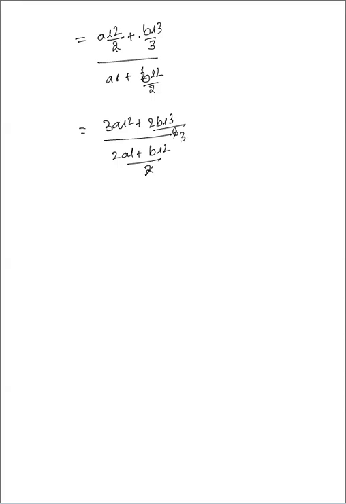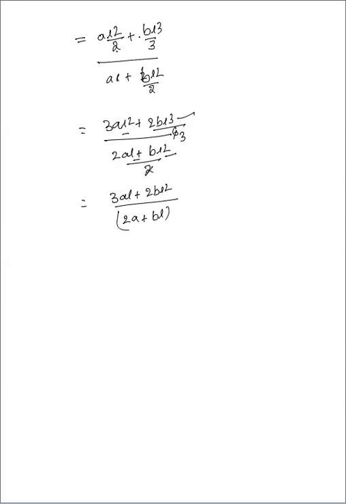And from here you can take L common everywhere. Here you can take one L, here one L, and cancelling the common L, we get 3AL plus 2BL square divided by 2A plus BL.